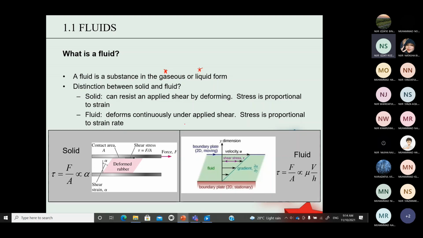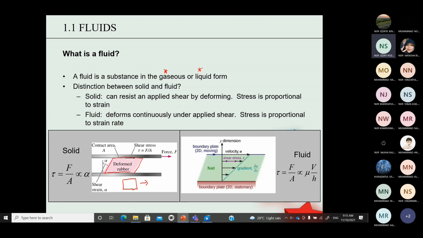As you can see here, imagine you have a rubber, the pink colored one. Originally, the rubber is in this shape. But after you apply a force we call shear stress, the shape will become like this.